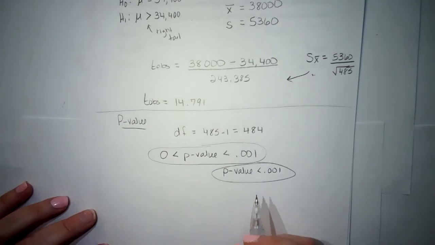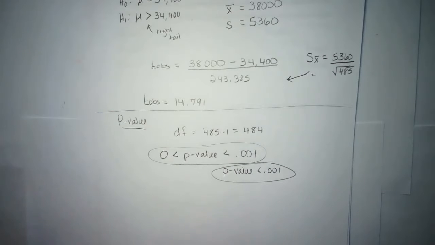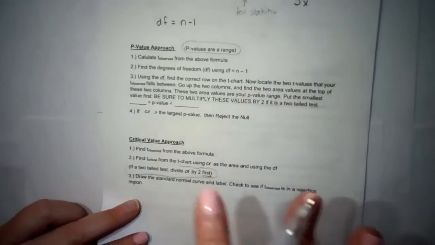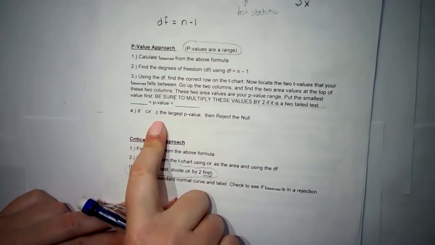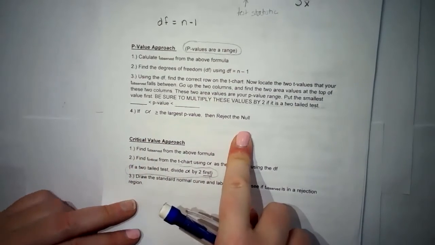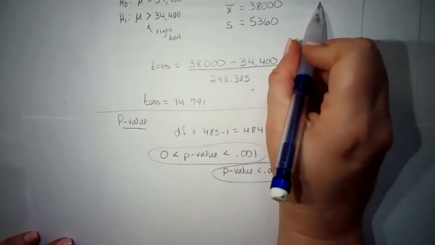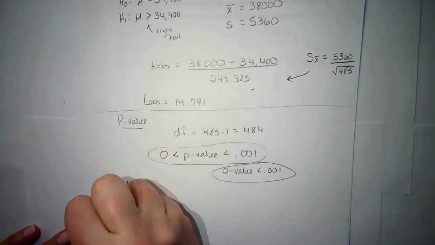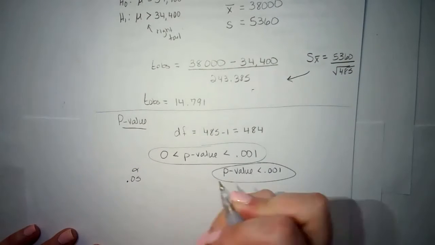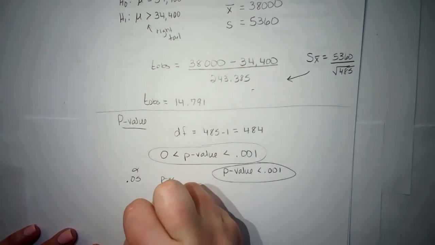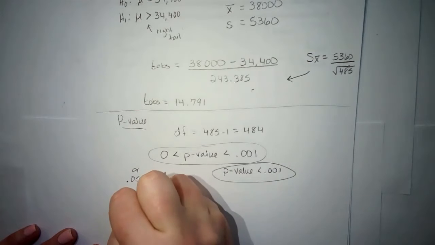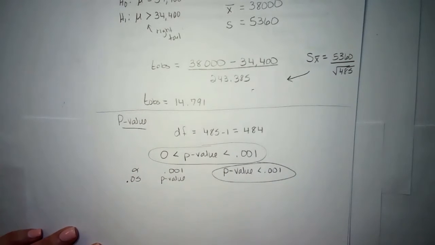All right, so we have our p-value. Now we need to compare it to alpha. So remember, if alpha is bigger than the largest p-value, we reject. Our alpha is 0.05, and our biggest p-value is 0.001.